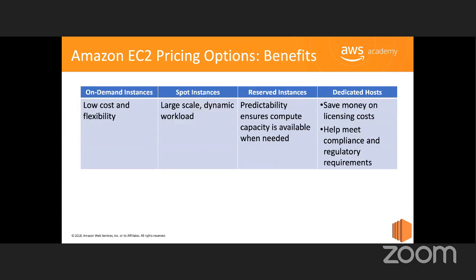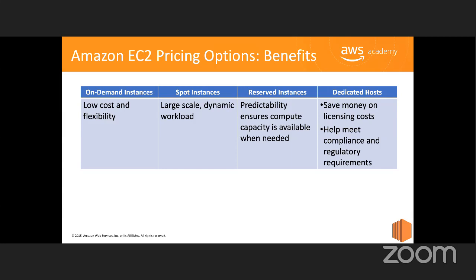So, Amazon EC2 pricing options and benefits: on-demand instance is low cost and flexible. Spot instances are even cheaper than on-demand, up to 90% savings, and are for large scale and dynamic workloads.